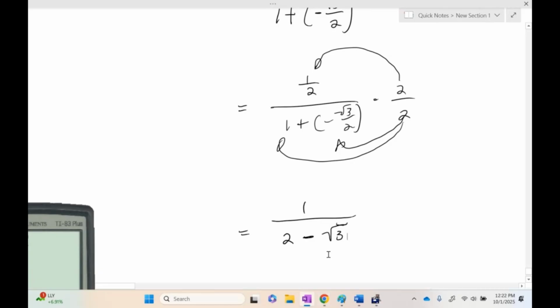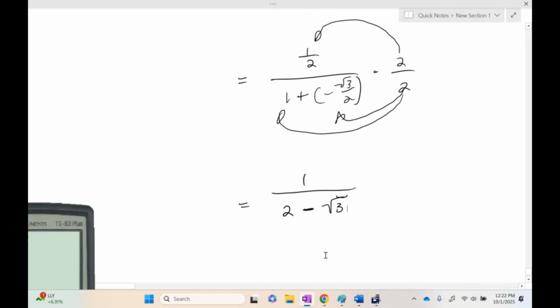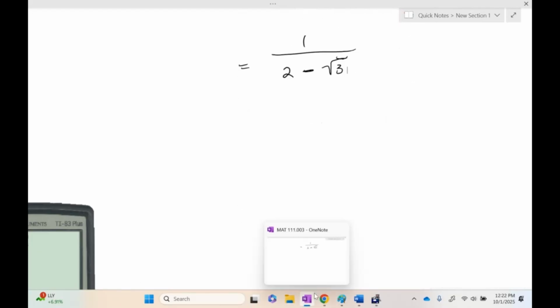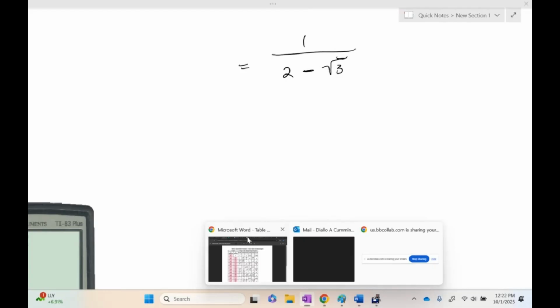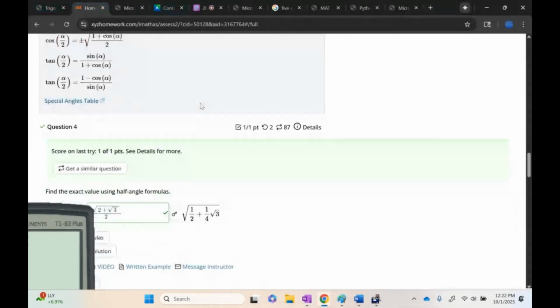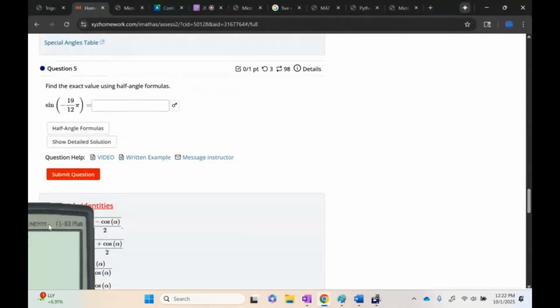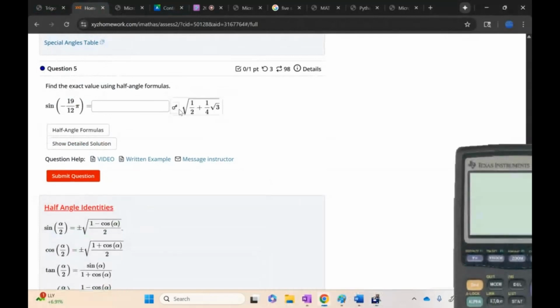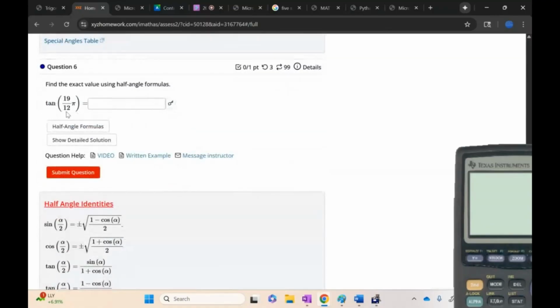And I think it'll take this as an answer. Let me just check that out. Negative 19 pi over 12. So notice when I hit, oh, and that's not the tangent.